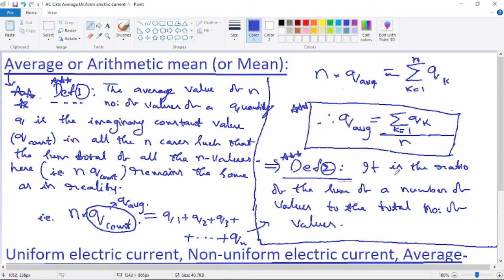So just check the definition. It is the ratio of the sum of a number of values to the total number of values. That's the second definition.